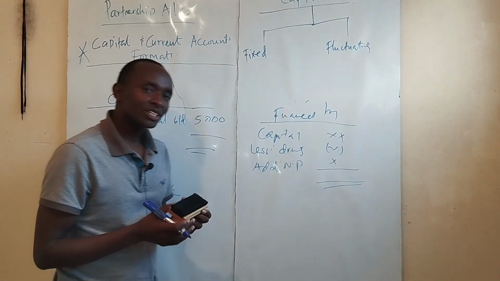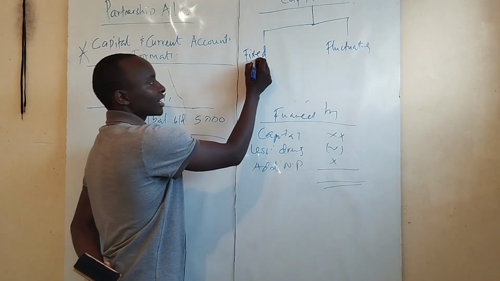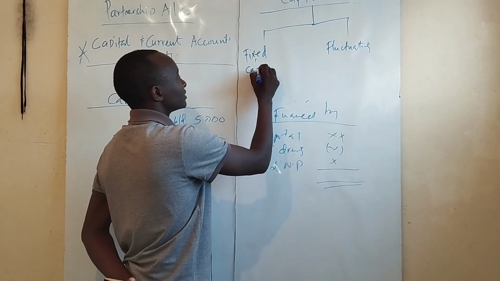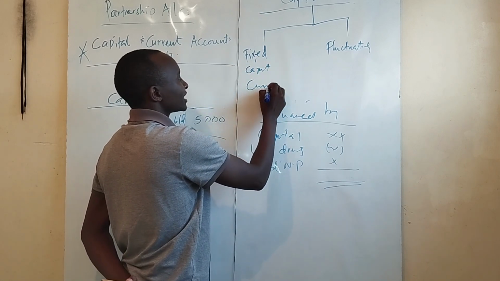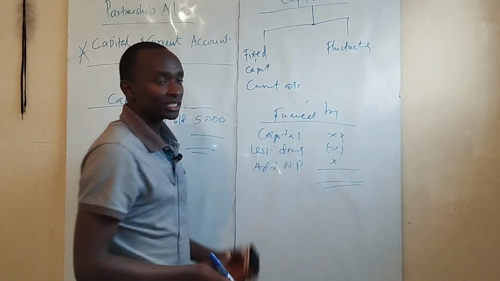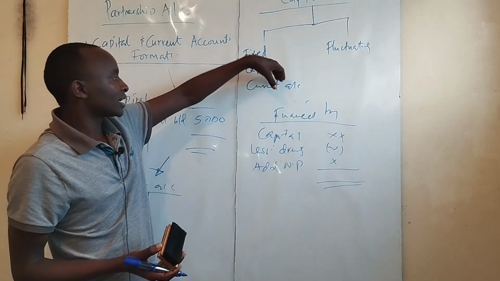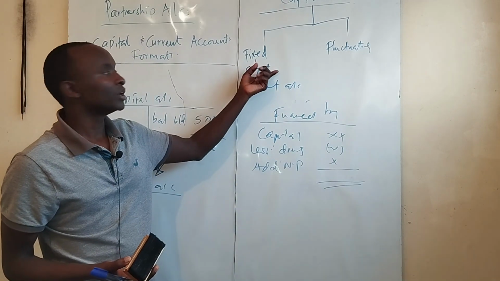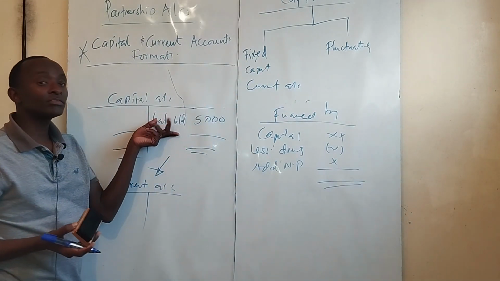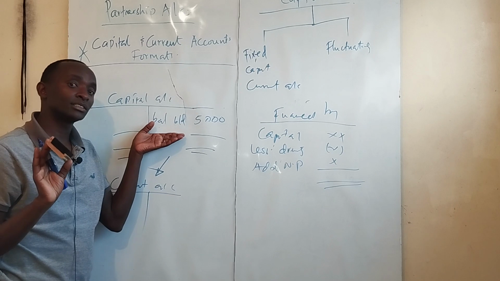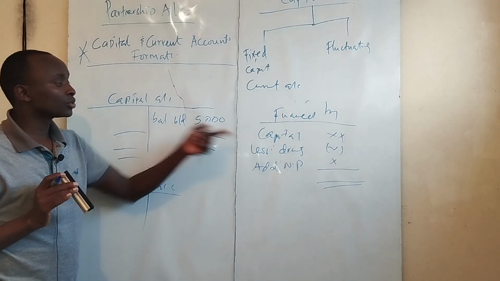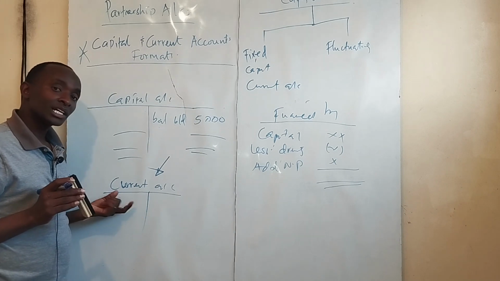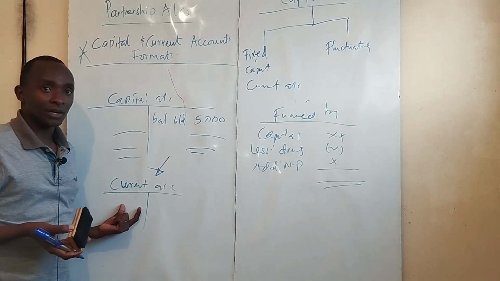So this is what I mean. For a fixed account, you must have a capital account and a current account. The current account will handle all those other adjustments of capital, because the capital account in itself doesn't allow any change. It is fixed. So those other changes like reducing drawings and adding profits are going to be taken care of by the current account.